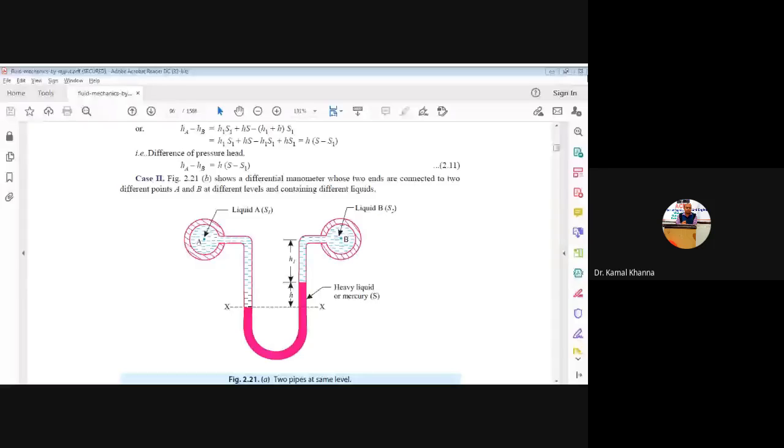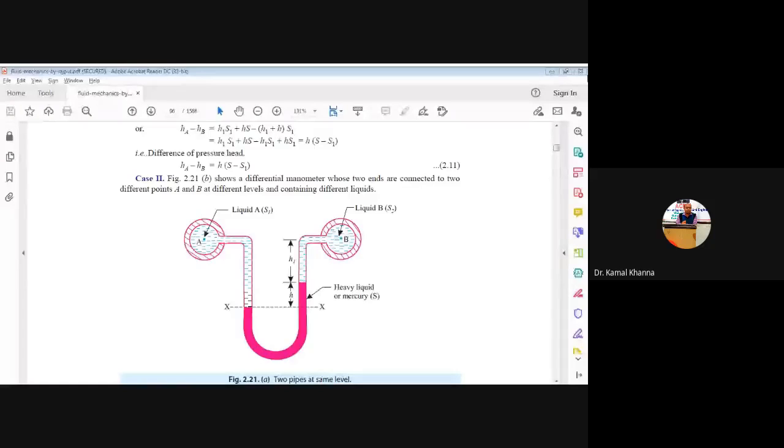So let us say the head which rises of the heavier liquid, mercury in our case, from the reference line is h, and the level of the liquid that falls of the second liquid, that is liquid B, is called h1, and for the first liquid from point A also, this is called h1.